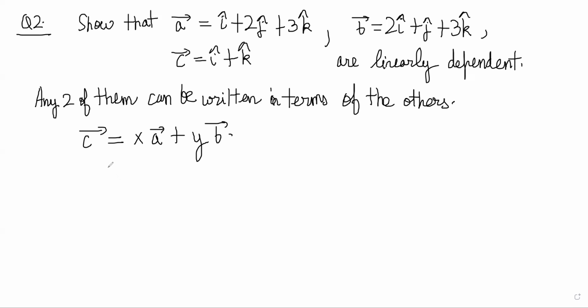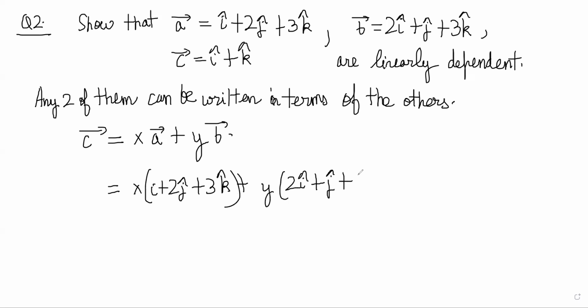And then what you can write is C will become x times (i plus 2j plus 3k) plus y times (2i plus j plus 3k). And from here we can see that i plus k is equal to this.